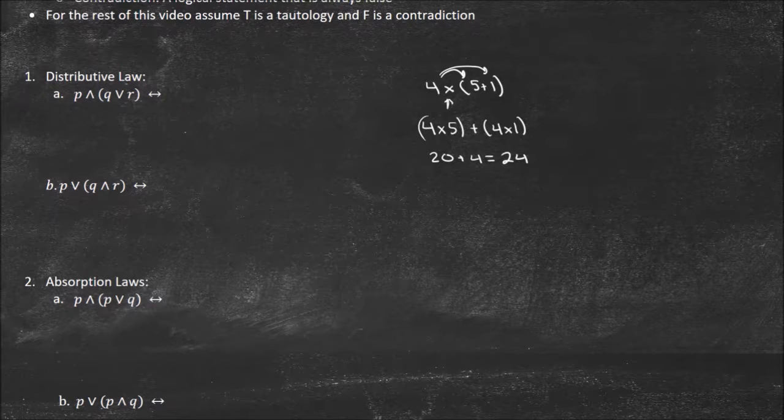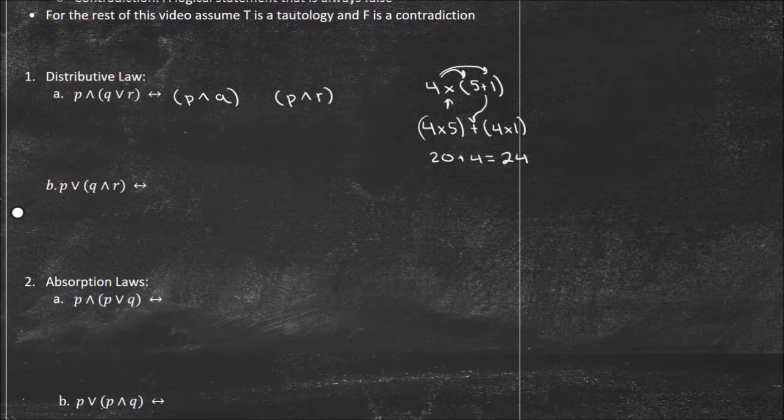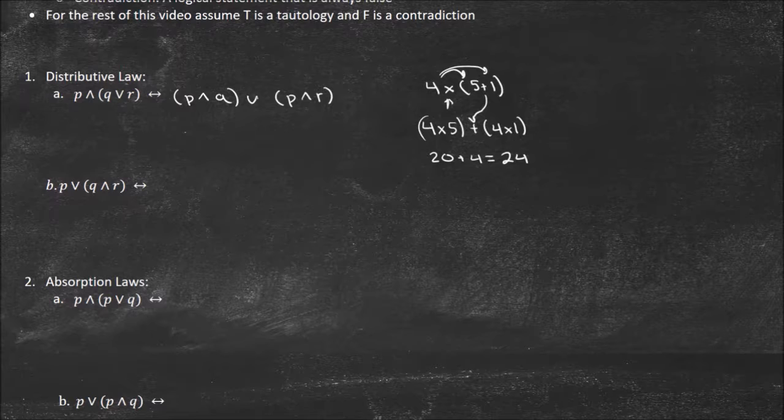The sign in between them becomes the new sign that separates the two expressions. So we just replace the multiplication with this symbol and distribute it to the Q and to the R. It becomes P and Q, then P and R. And in the middle, instead of the addition, we put what was originally between the Q and R, which is the OR symbol. So it's P and Q or P and R. That's how we do the distributive property.